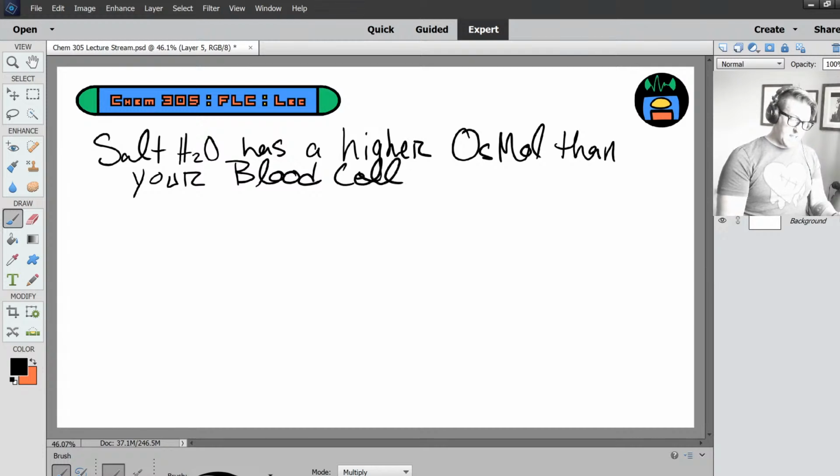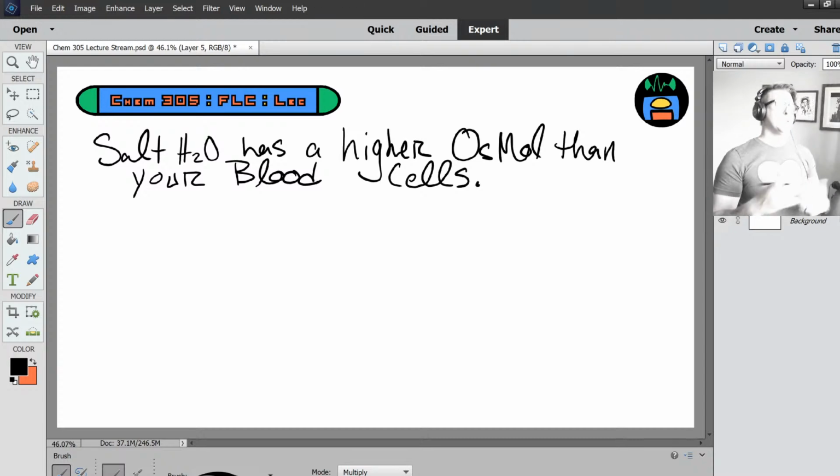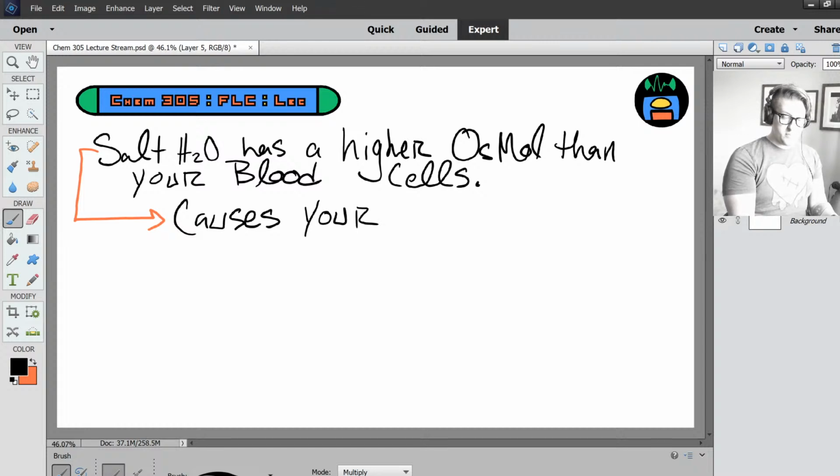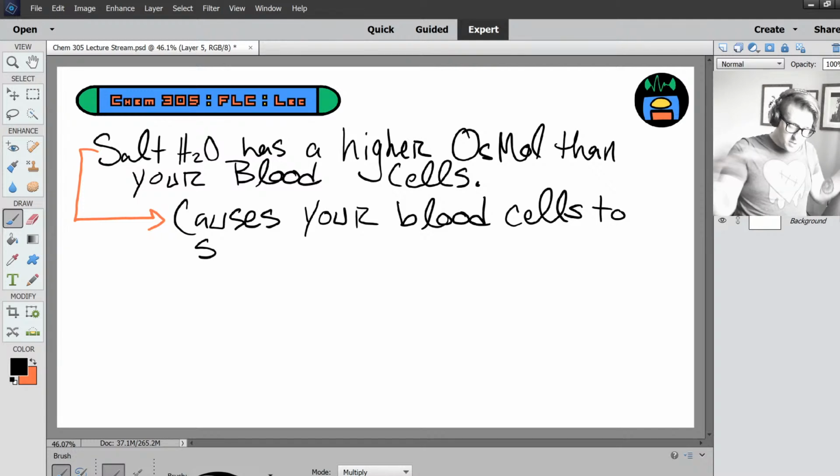All right, and if you drink ocean water, because it has a higher osmolarity, water will flow out of your blood cells into the solution around them, and it causes your blood cells to shrivel. They shrink because they're losing the water inside them.